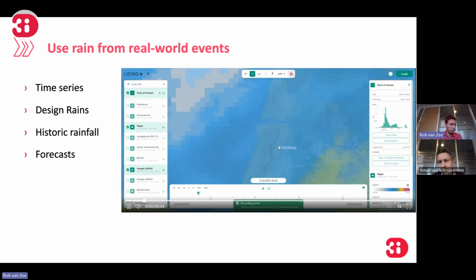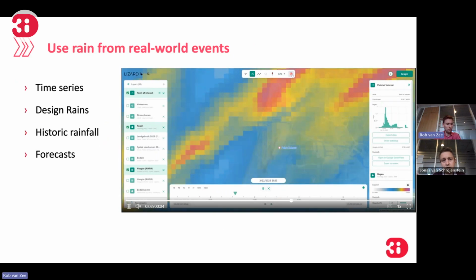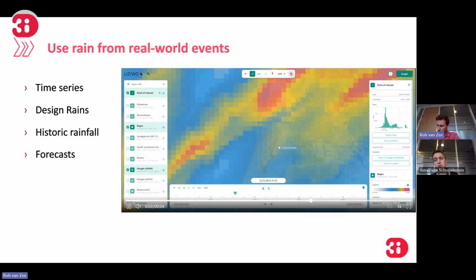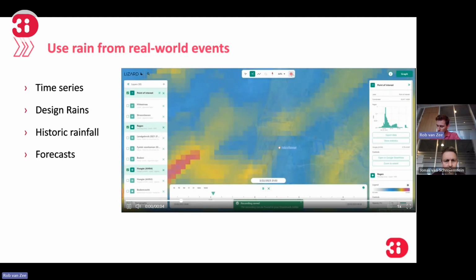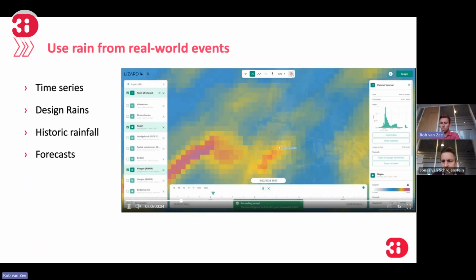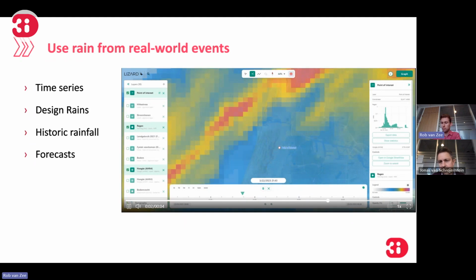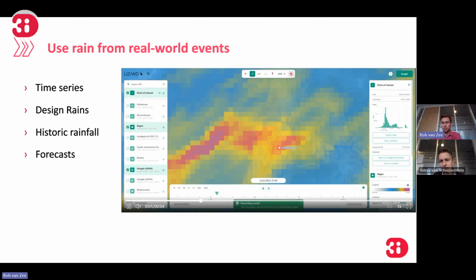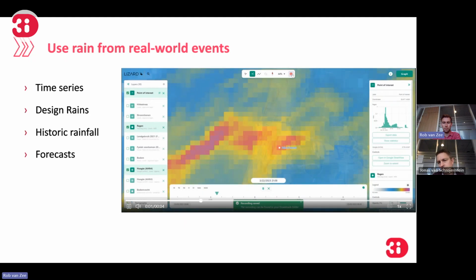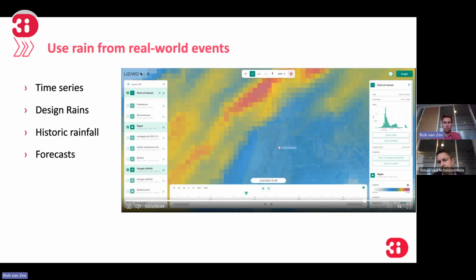With 3DI, we also introduced rainfall from real-world events. Of course, you don't have to use it. You don't always have rainfall radar data available in any area of the world, or you want to have some sort of design rain. That's also, of course, perfectly possible. And in some cases, you also may want to do forecasting.